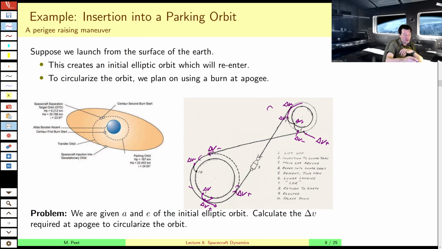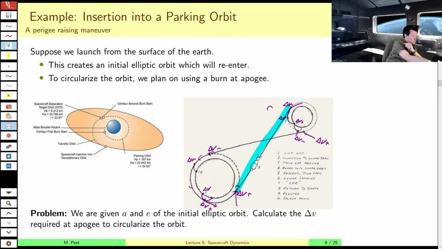Now, of course, there's a lot of flexibility in which path we follow. But the paths themselves are transfer orbits, and those transfer orbits are constrained by initial positions and the position of the target orbit. So each of these paths has constraints.